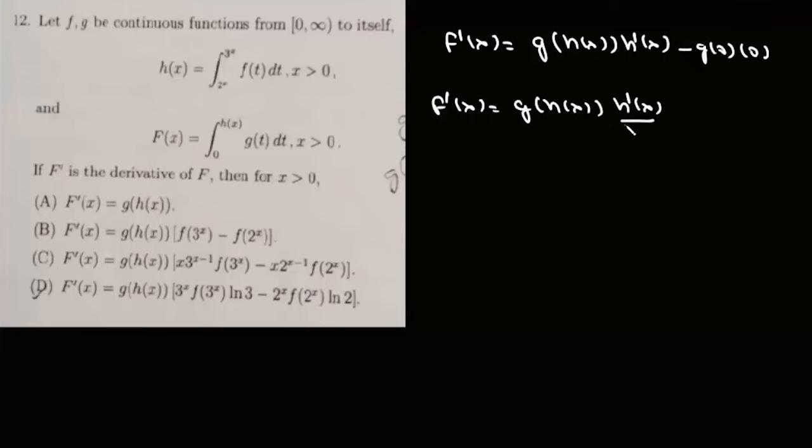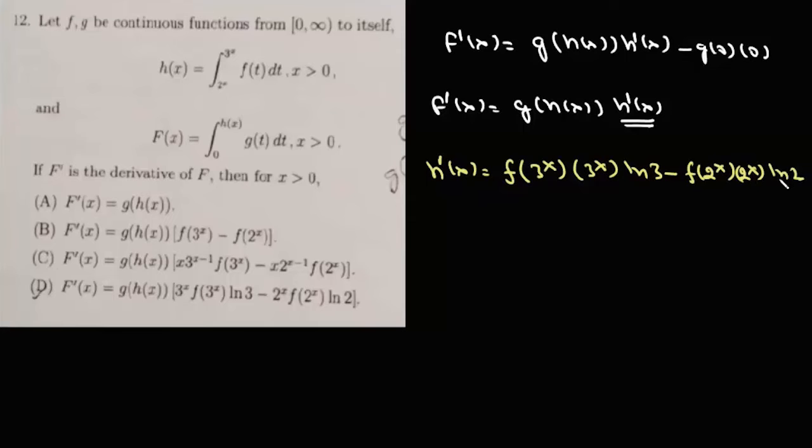Now we'll have to find h dash x. Now for h dash x we have to differentiate this first function. So this h dash x will be this f, and here we have 3 to the power x, and then a to the power x log a, minus, and then lower limit, so there will be f of 2 to the power x and then 2 to the power x log 2. Now we'll substitute this expression in f dash x.